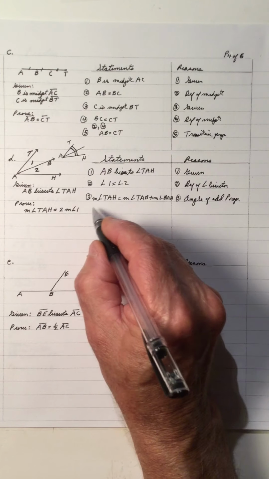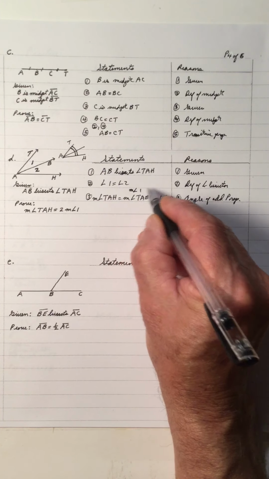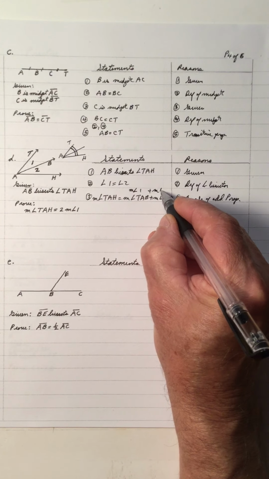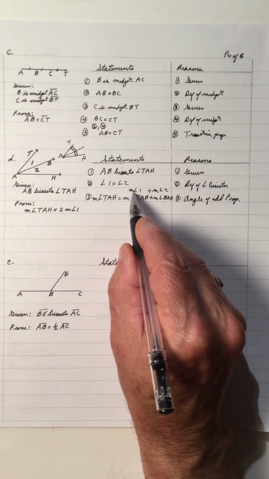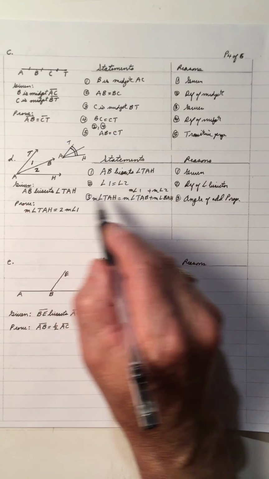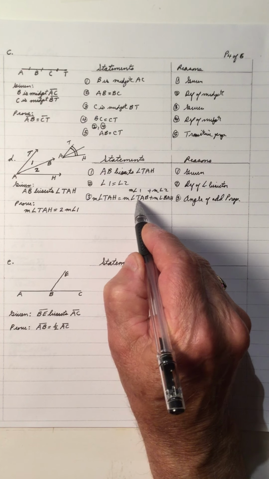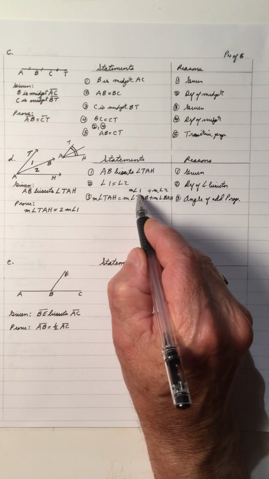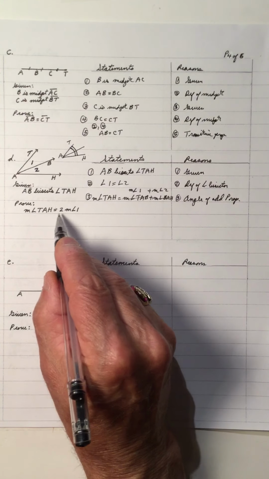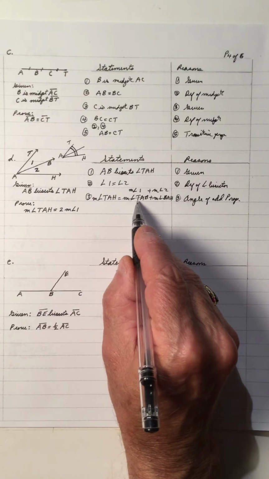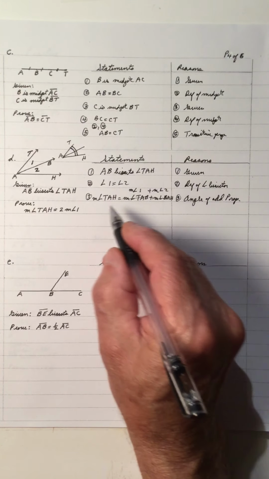And notice I could have said that this angle is the measure of angle 1 plus the measure of angle 2. Instead of going TAB, name it angle 1. Instead of going BAH, name it angle 2, because we don't have TAB or BAH on this right side.